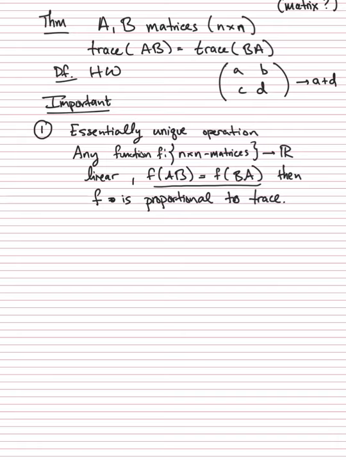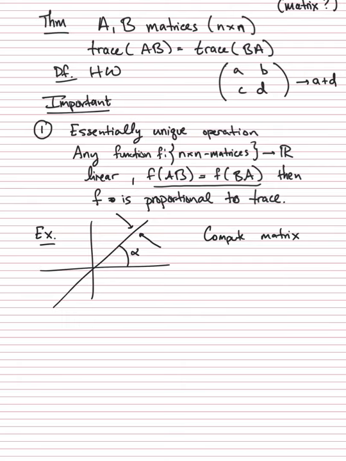Okay, so let me give you the last example. This was matrix alpha, and we were projecting onto the line passing through the origin. The way that we computed the matrix was by looking at the rotation.